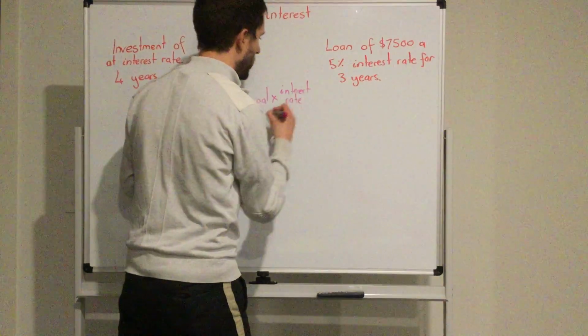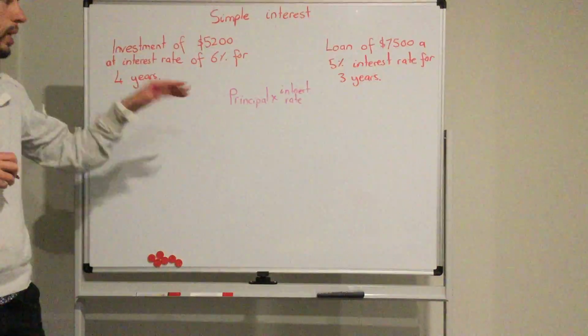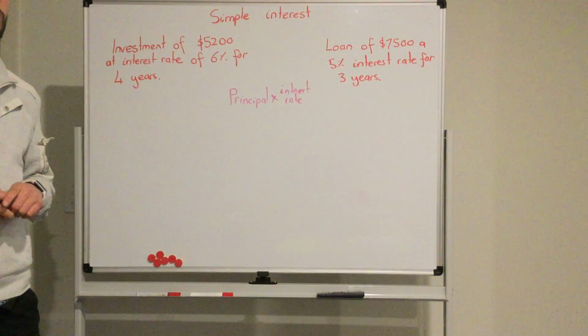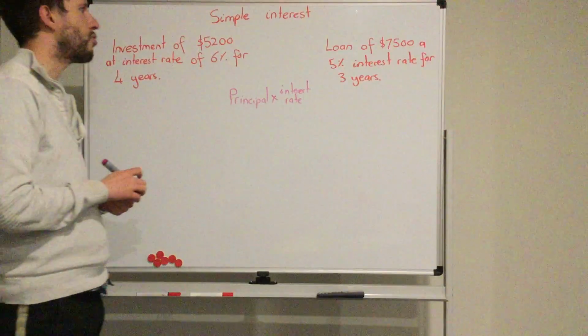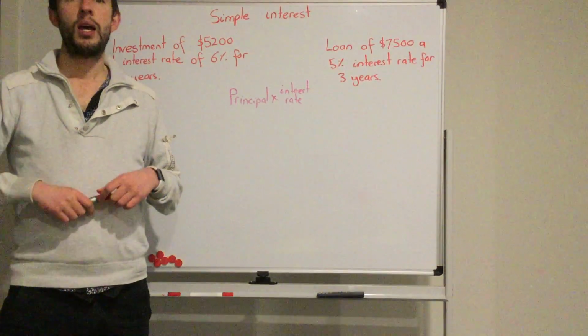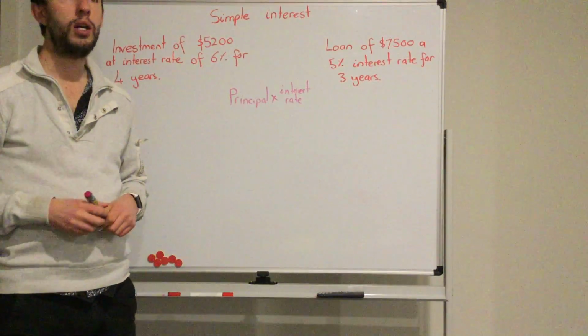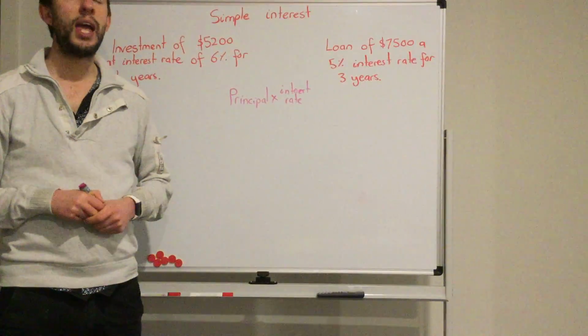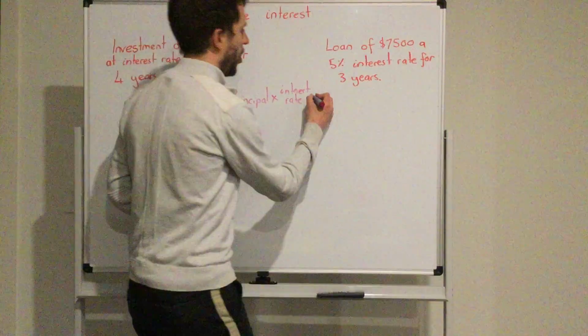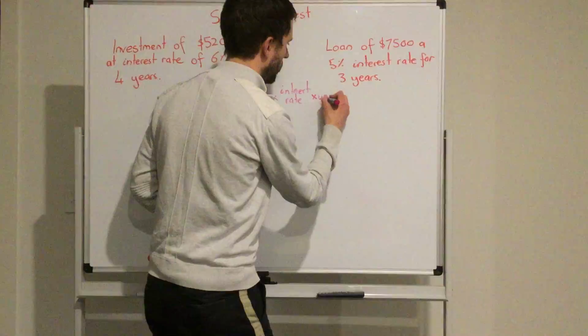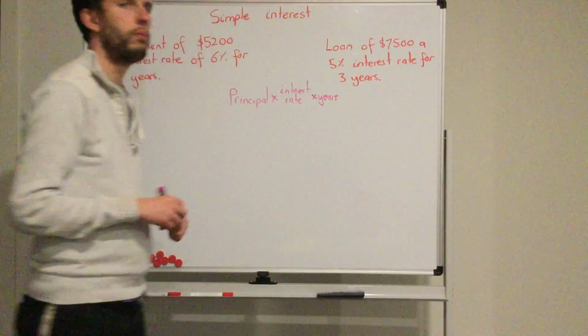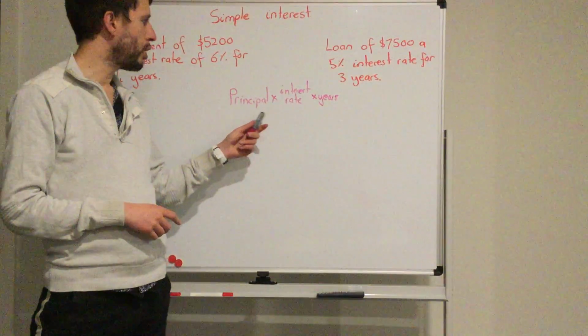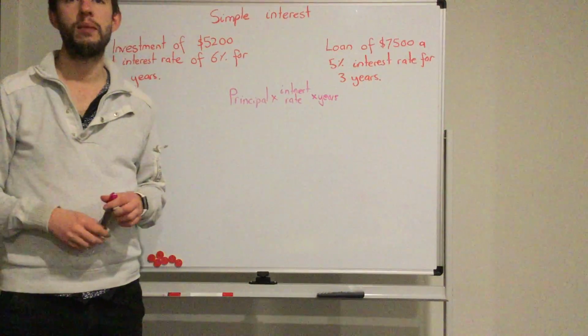Now that's how we get the interest. But when we normally think about interest rate, it's per annum, per year. So then we need to think, okay, how many years is my loan going to be for? So that's why it's principal times interest rate times years.